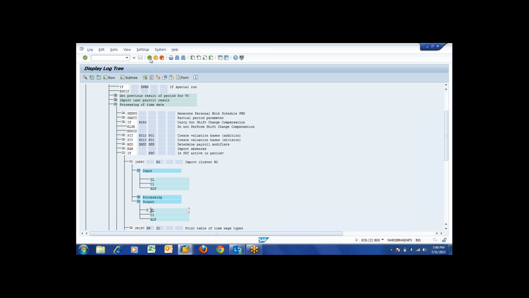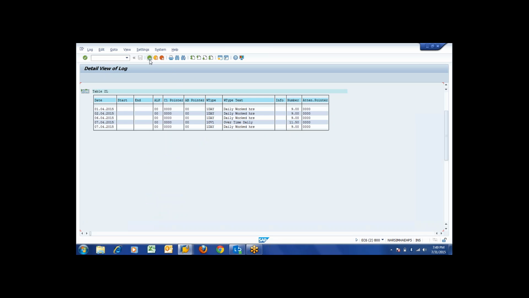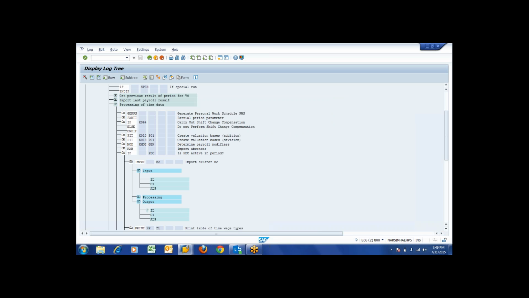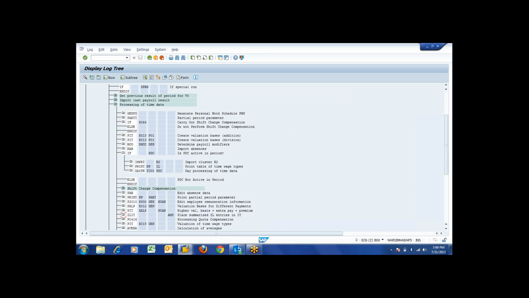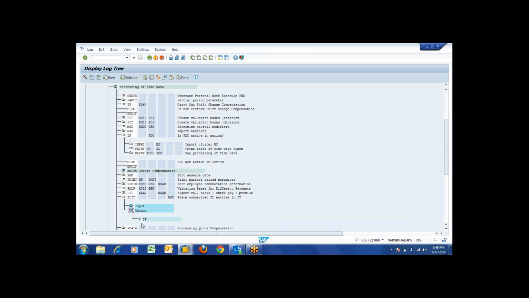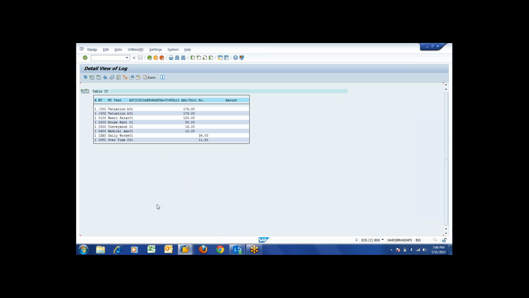After the function ZLIT, you will get all the ZL table entries into an internal table for further processing. As per infotype 2011, his clock in clock out hours are 36 for the particular week.